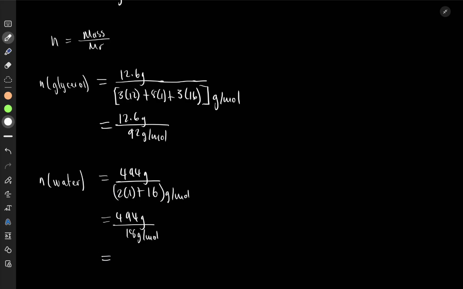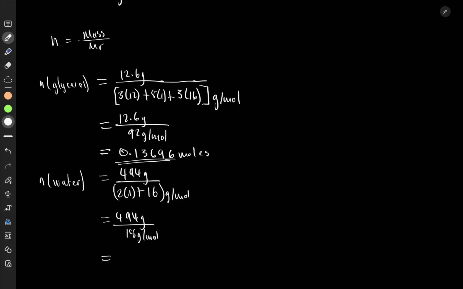This would give me what? So I would first say 12.6 divided by 92. I would get whatever, 0.13696. These would be moles. Then here I'll say 494 divided by 18.